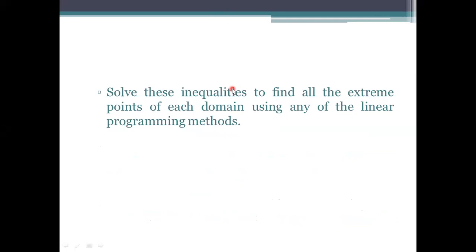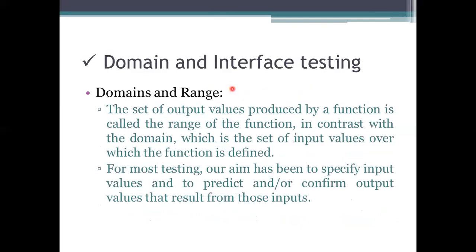Coming to domain and interface testing, here we need to know about the domains and ranges. Interface testing is about component testing, where we need to provide the interface between two components. The calls we make between the two components can be specified as the interface between them.